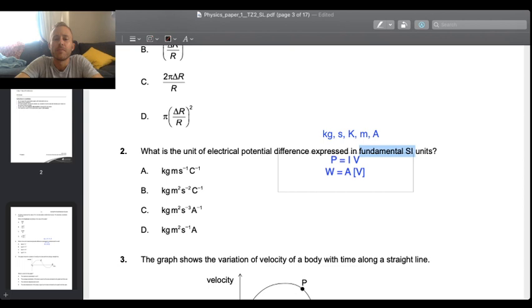Now we have to express watts in terms of fundamental SI units. You might remember that watts are joules per second. So we have joules per second equals amps times units of voltage. But joule isn't a fundamental SI unit, so we have to express joules in terms of that. Joules is energy, and one form of energy is kinetic energy, which is kilograms meters squared per second squared.